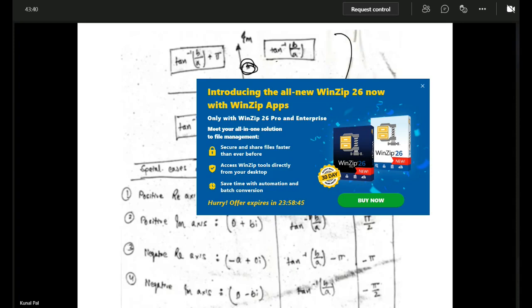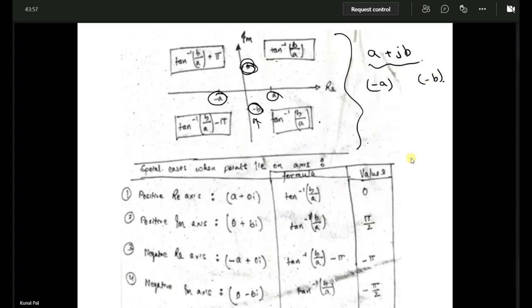In all these cases, we are taking a plus jb as the formula. So if there is any negative component, you have to use minus of a and minus of b, and put the value accordingly. If it is minus a, you put minus of a. If it is minus b, you put minus of b.